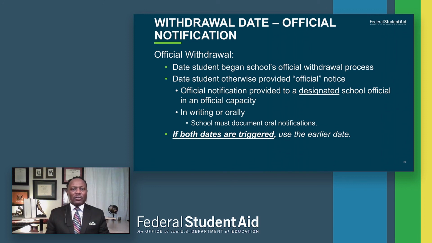If orally, the school must document the notification. Either way, the withdrawal date is when the student notified the school of withdrawal. In some instances, you will find that some students will notify the school of withdrawal and then later begin the official withdrawal process. If this occurs, you must use the earlier of the two dates as the withdrawal date.